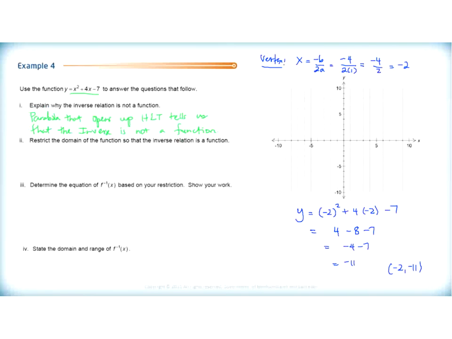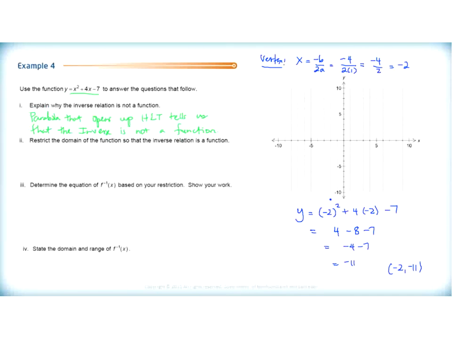X is -2, y is -11. Not quite enough room there, but we'll manage. Vertex at -2, -11. Okay, it's a parabola opening upwards with the vertex there. Restrict the domain so that the inverse relation is a function.